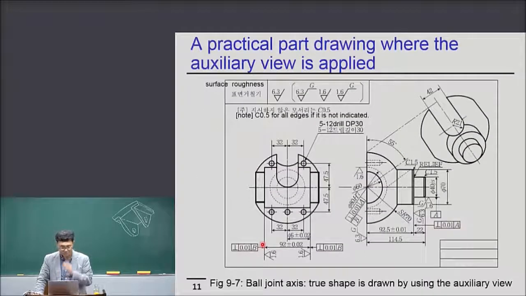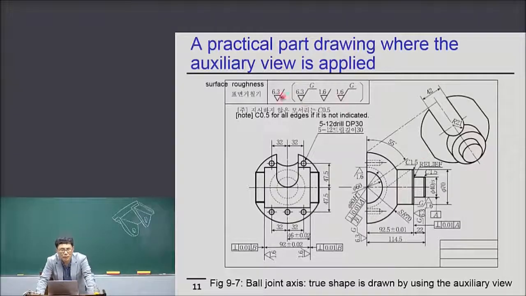Okay. Now, this is the practical part drawing where the auxiliary view is applied, which I explained in the previous slide when I explained the auxiliary view. This is a real part drawing which I generated when I executed the project of development of a special machine tool.